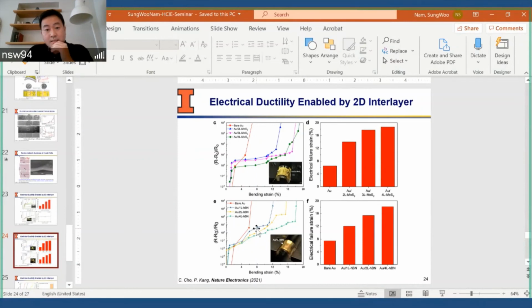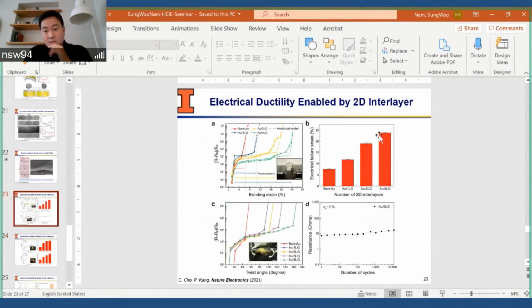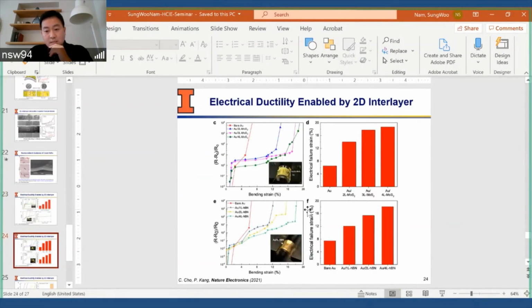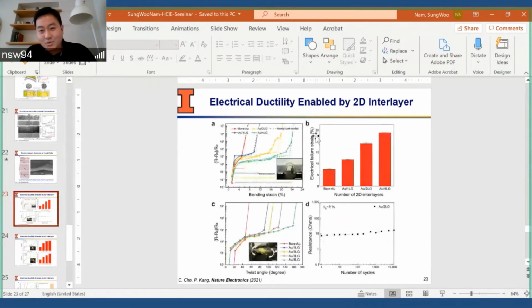But what you can also do is look at the so-called failure strain here. This is the graphene failure strain. This is MoS2. This is hBN. And you can compare them. It turns out graphene is better by, I forgot exactly, but let's say this is 18%, and this is like 22, 23%, 24%.